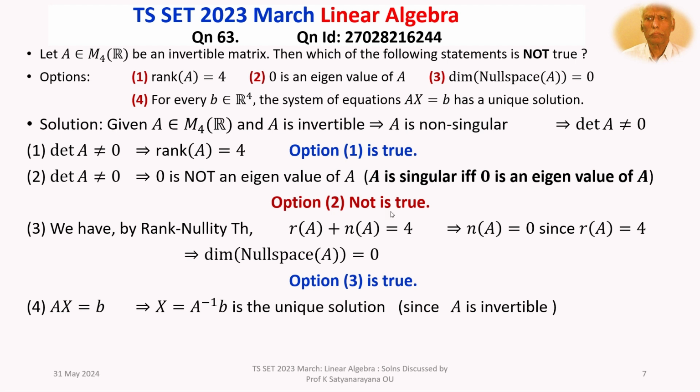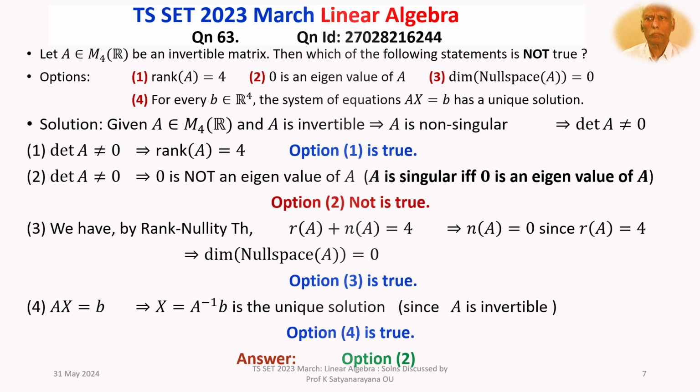So option 4 is also true. We are asked to find that statement which is not true, and the statement which is not true is option 2. The answer to this question is option 2. That is the detailed discussion of the given question, and it is also an easy question.